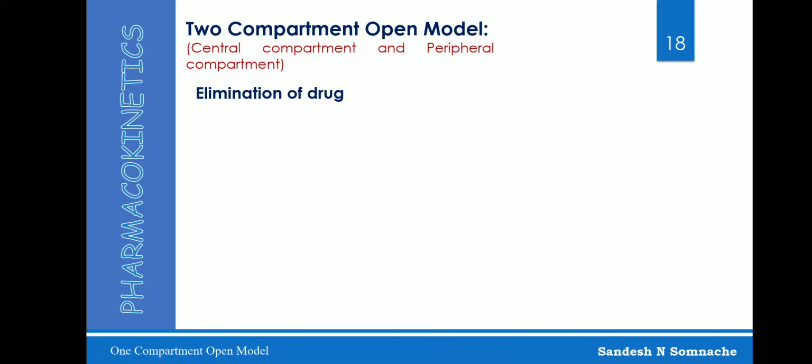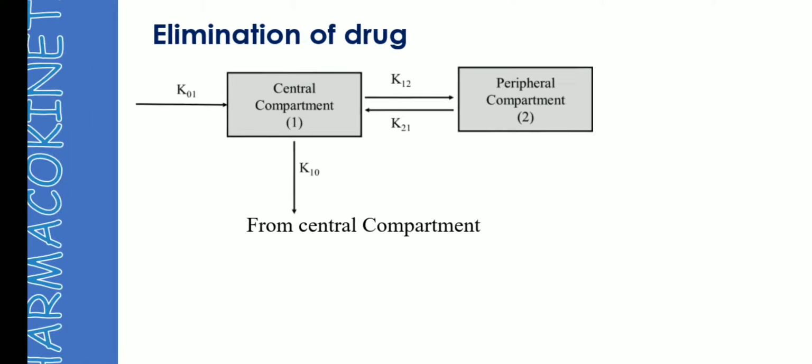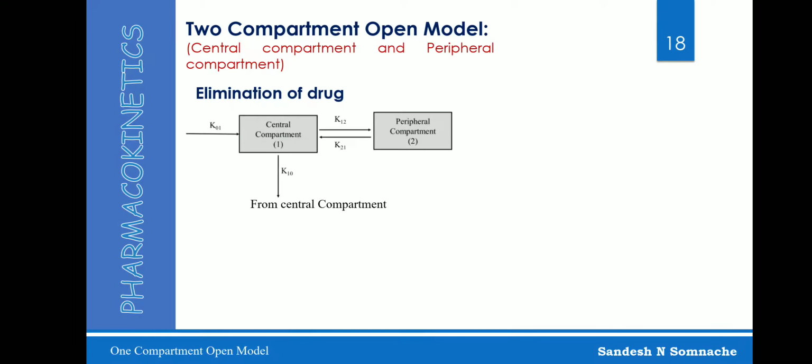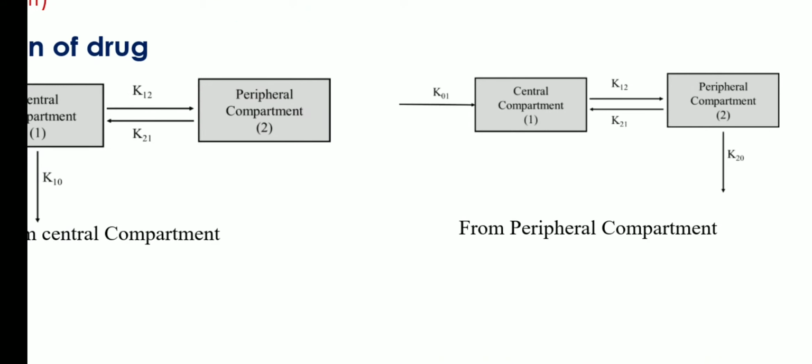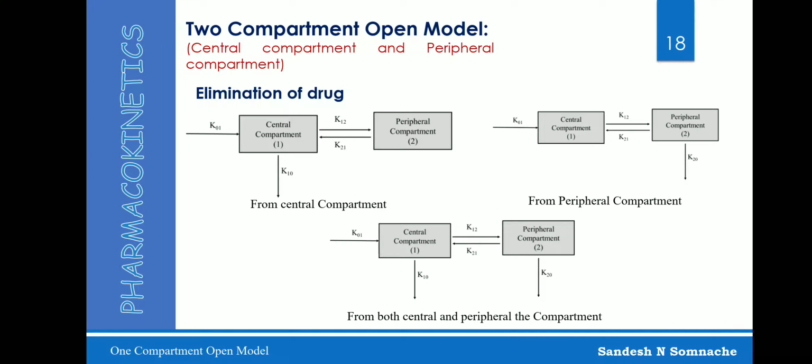So elimination in case of two compartment models may be either from the central compartment like this, or it may be from the peripheral compartment, or it may be from both central and peripheral compartments.